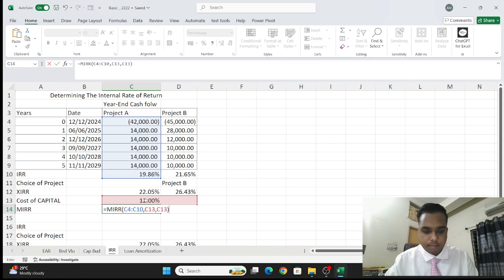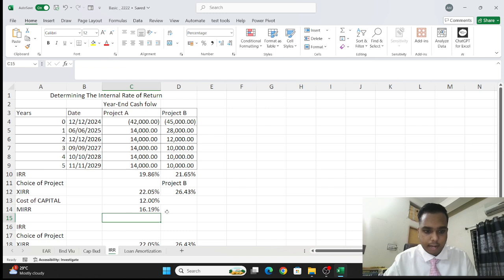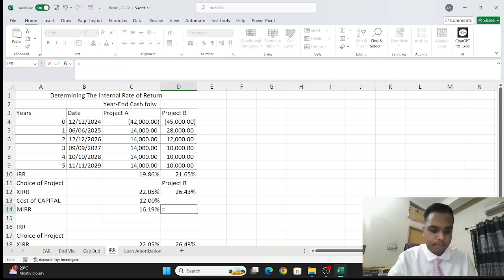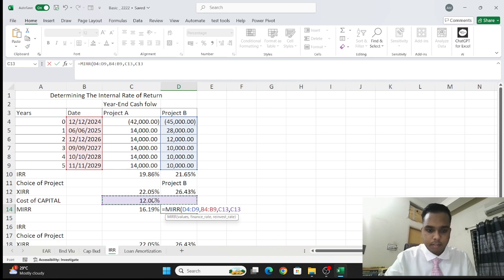So after choosing this, we will click on enter to get the MIRR. Similarly, MIRR, values, comma, finance rate, reinvestment rate.